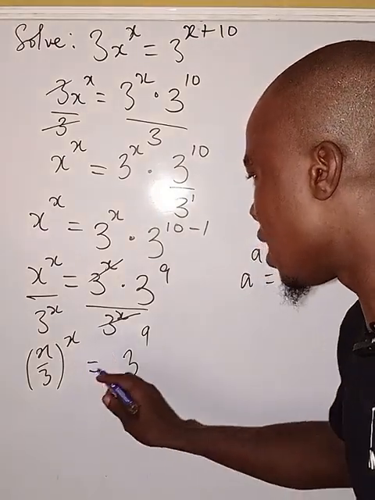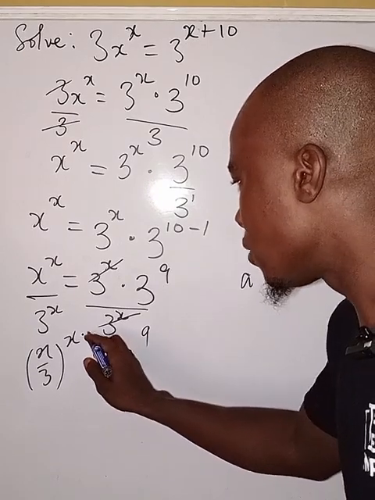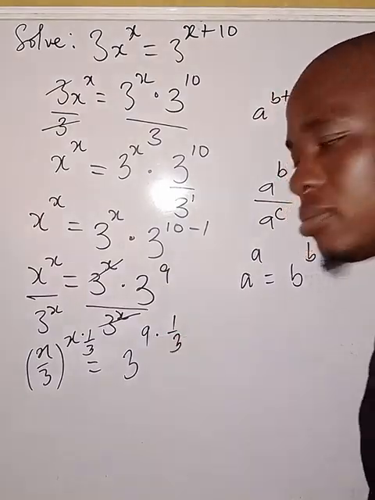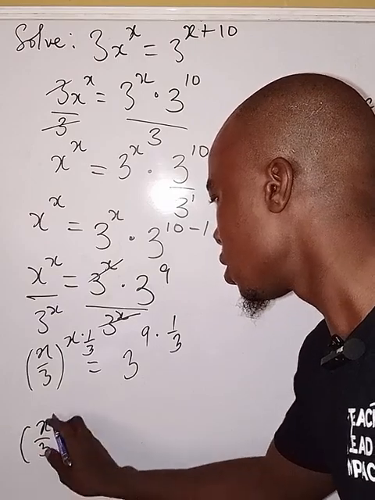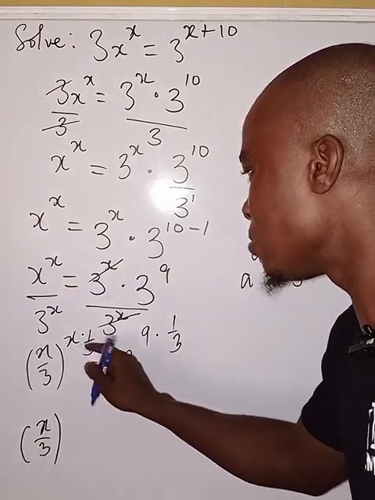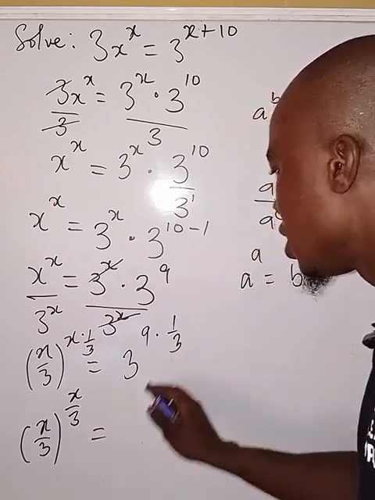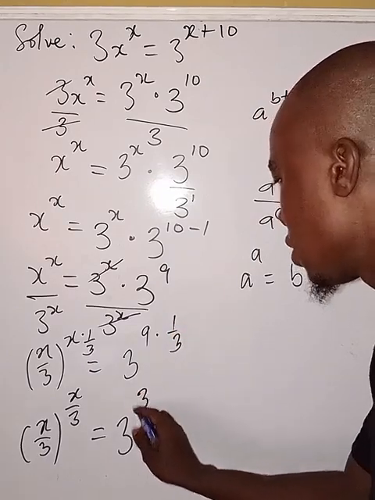If I multiply this power by 1 over 3, I must multiply by 1 over 3 here. So this is going to be x over 3, then to the power of x times x over 3, equals 3 to the power of 9 times 1 divided by 3, that will give us 3.